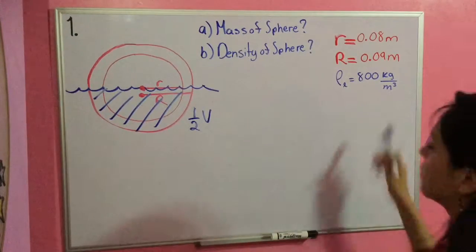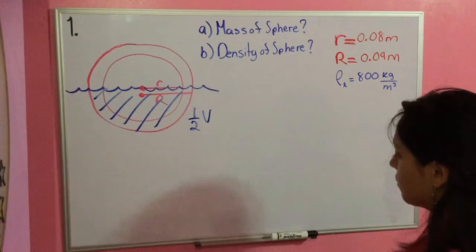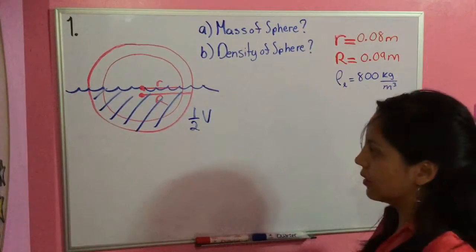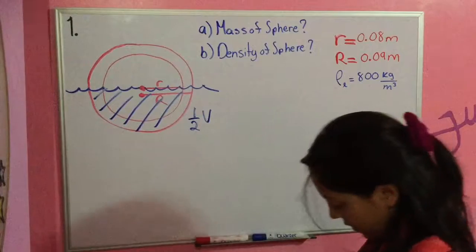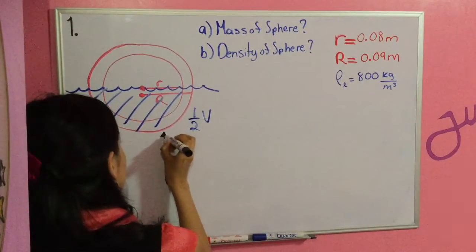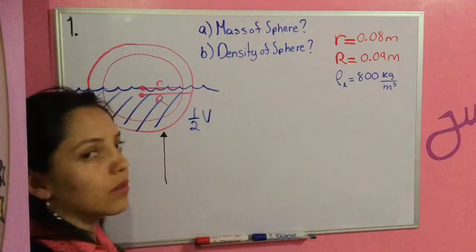So now that we have the values here, we have to recall the formula of the buoyant force. We know that the buoyant force represents the weight of the liquid displaced.